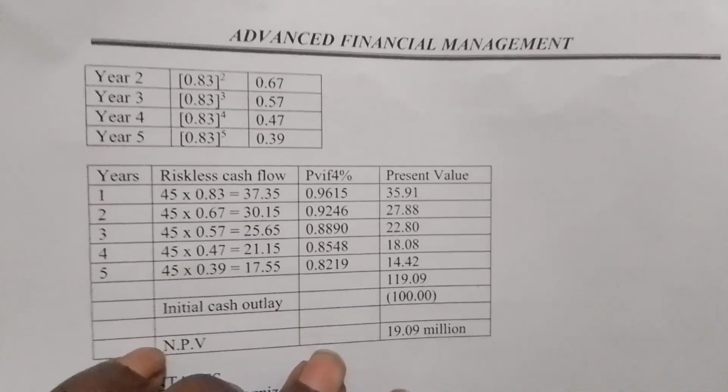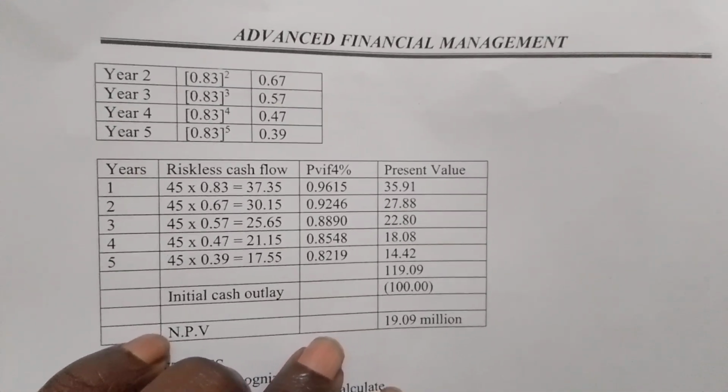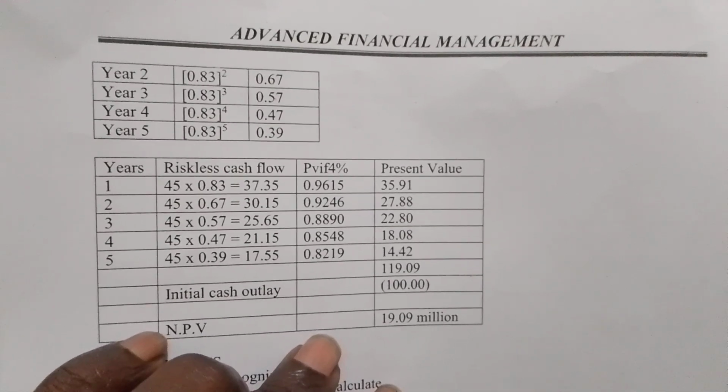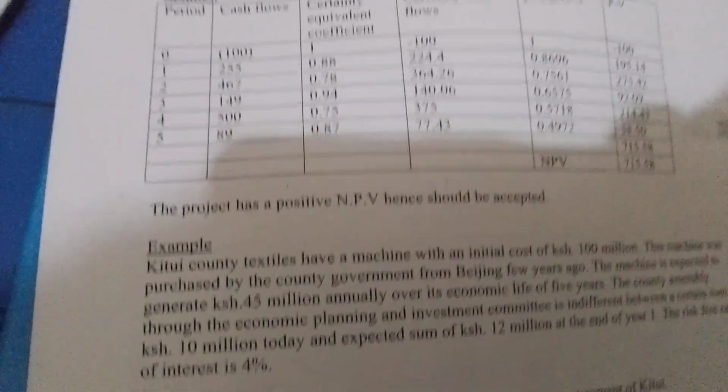Then arrange your years now, year 1 to 5, riskless cash flows. You are taking those cash flows. Now, are we generating 45 million? That is something I should first check. What are we being told in that question?